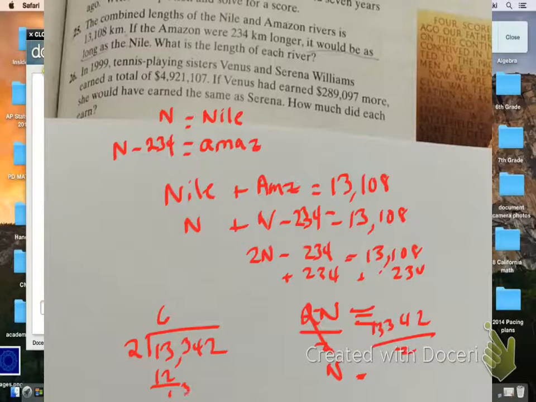Bring down the 3. It goes 6 times. It's 12. Bring down the 1. 4. It goes 7 times. So that would be 6,671 kilometers.